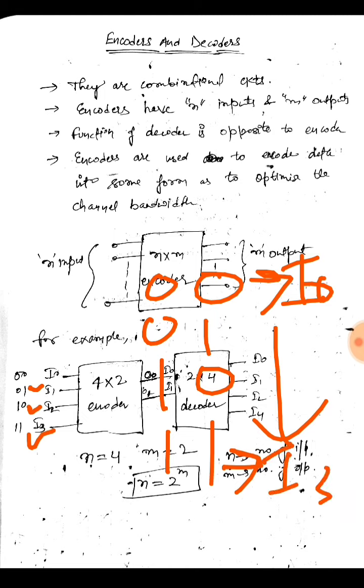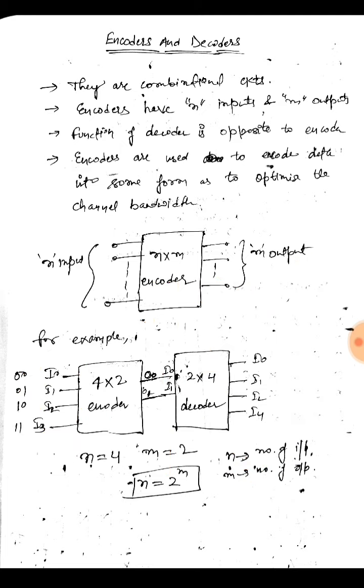So at a time I am sending only 2 bits. So encoder converts these 4 data, that is 4 input combinations, into only 2 outputs.